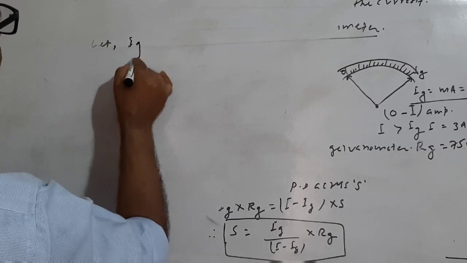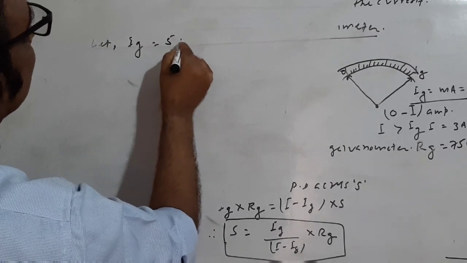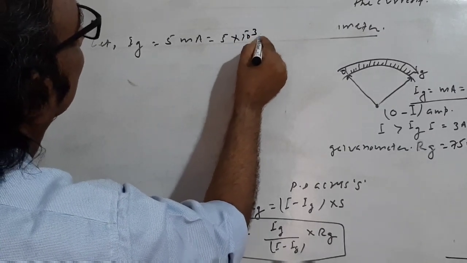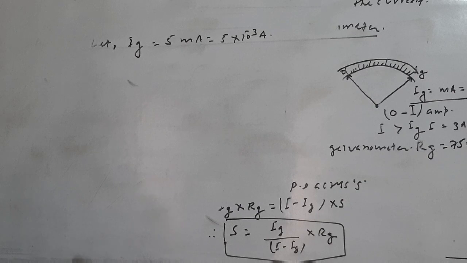Let Ig equal 5 milliampere, 5 into 10 to the power minus 3 ampere.